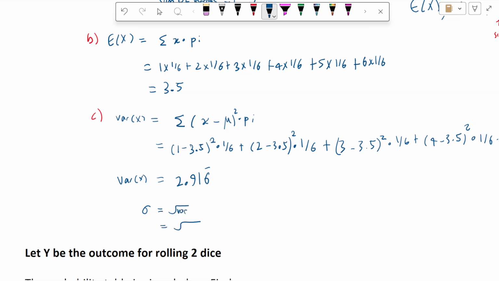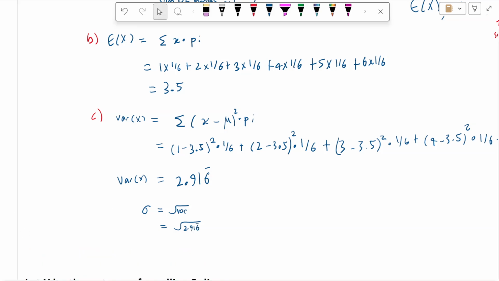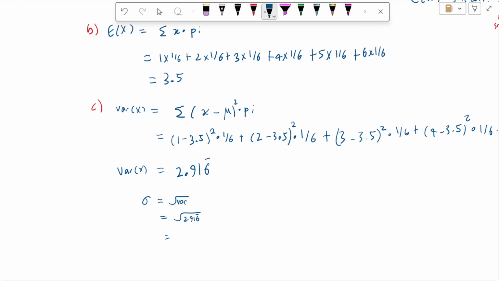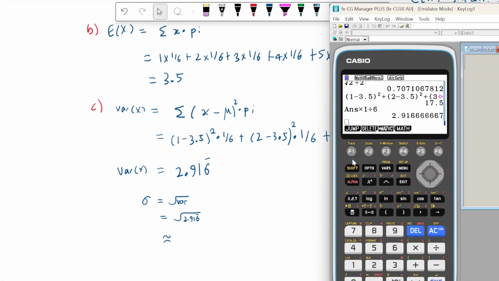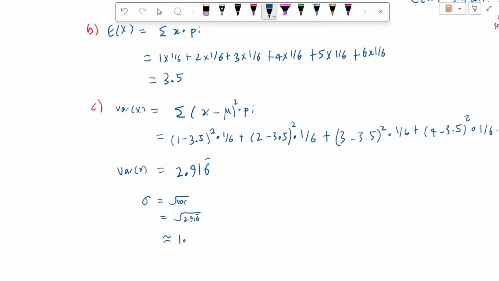So this is the root of 2.916 recurring, and that's going to be roughly equal to whatever the square root of that number is. Let's go with 1.70 or 1.71. We'll go 3 significant figures.